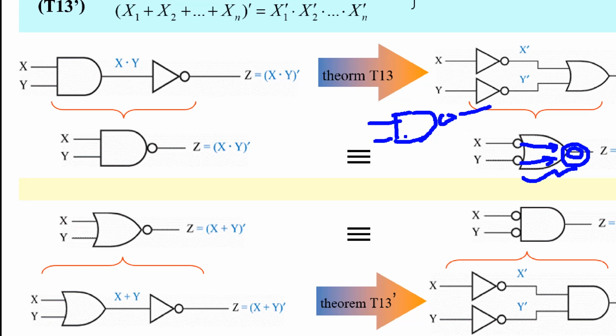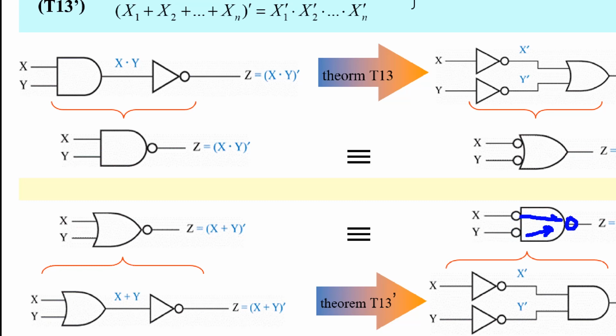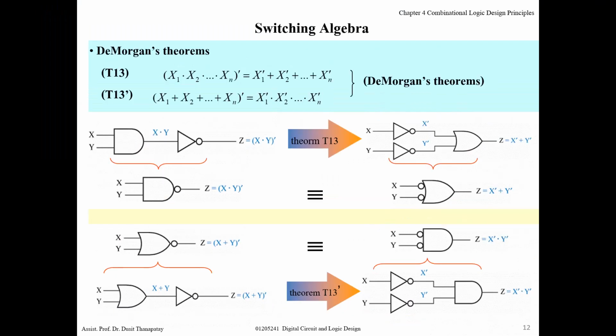Something like this. For this one also, if I move this bubble from input side to output side, this body will change. If at the beginning it is an AND body, it changes to OR. Okay, that's all. Let's try to imagine it in your head.